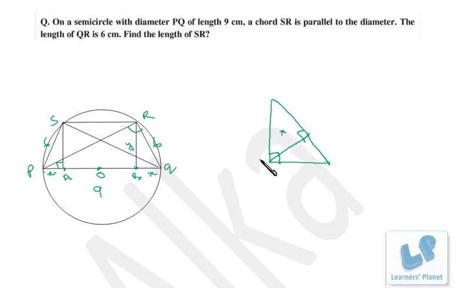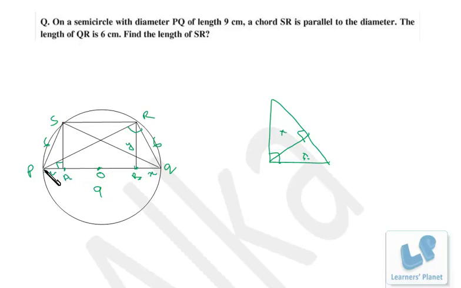Then this triangle 1, this triangle 2, and this entire triangle, all of them are similar to each other. That is the property I'm going to use over here. Getting my point? If you have a right angle triangle, from this vertex, if you drop a perpendicular on the hypotenuse, then you'll be getting two triangles. These two triangles and the original triangle are similar to each other. Right? The same funda I'm going to use over here.